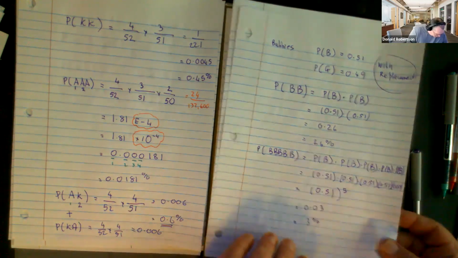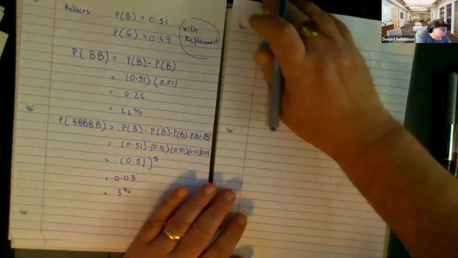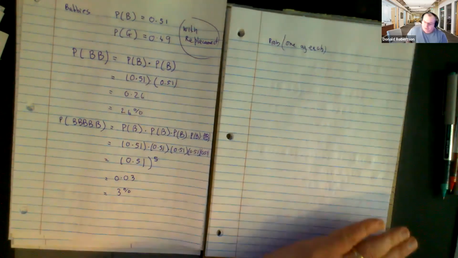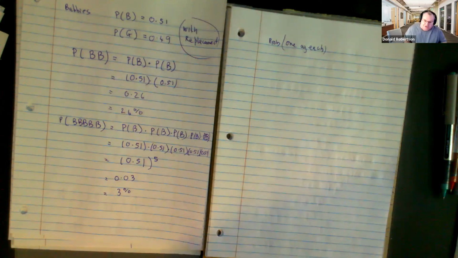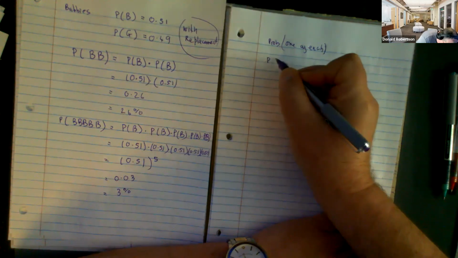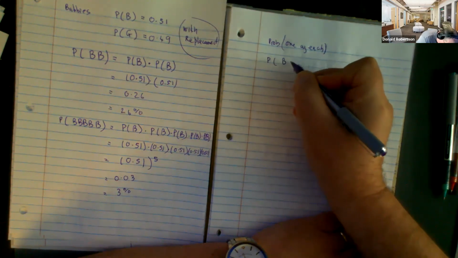Now, I can make the question a little bit, not a lot, but a little bit different by saying, what's the probability that you have 2 children and you get 1 of each? Right, so you have a family of just 2 kids and you get 1 of each. And, well, 1 of each would be a boy and then a girl.